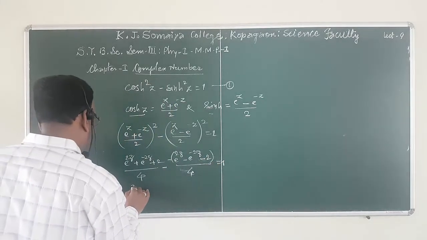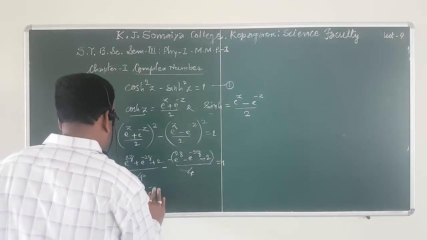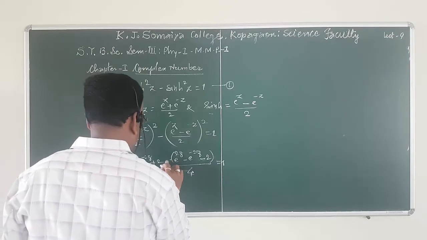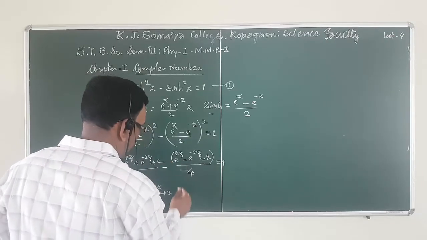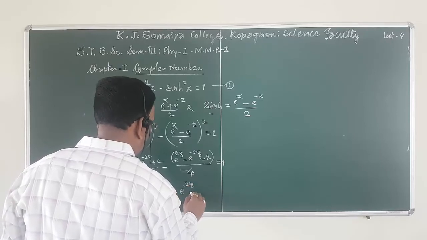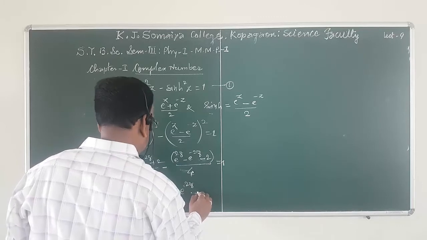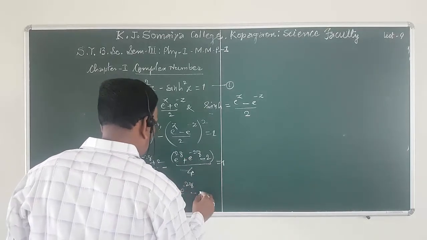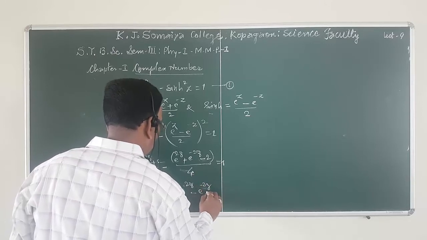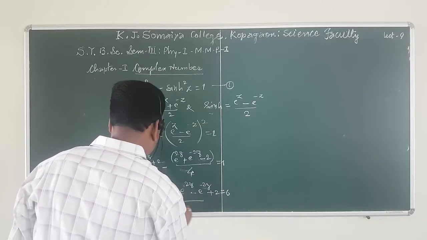Simplify this, we have e raised to 2z plus e raised to minus 2z plus 2, then minus minus plus.